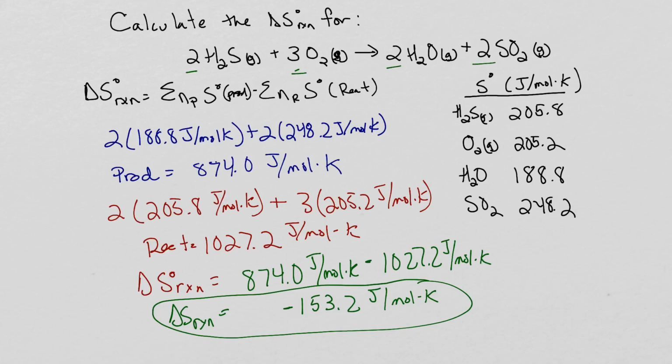And that's one of the ways that we can look at a reaction and say whether the entropy is going up or down: if the moles of gas decrease, that's going to indicate a decrease in entropy. If the moles of gas would increase, we'd get an increase in entropy. So it's not surprising that we end up with an overall negative entropy change for this process.